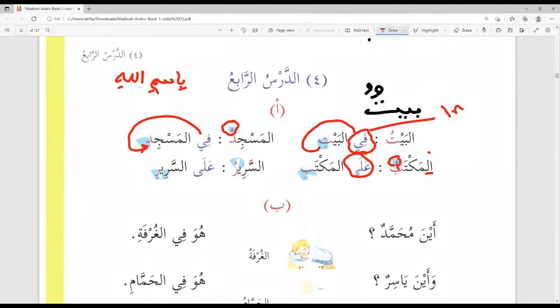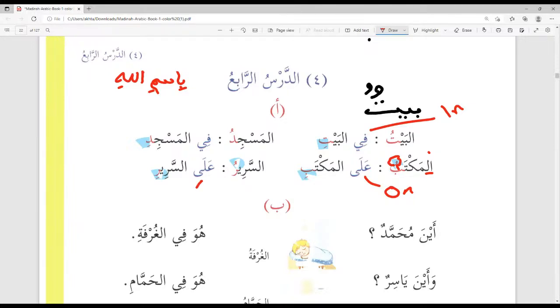Now, all we need to know for now is that fi means in, and ala means on. Al-maktabu, ala al-maktabi, the desk, on the desk. And then we have as-sariru, the bed, ala as-sariri, again on the bed.